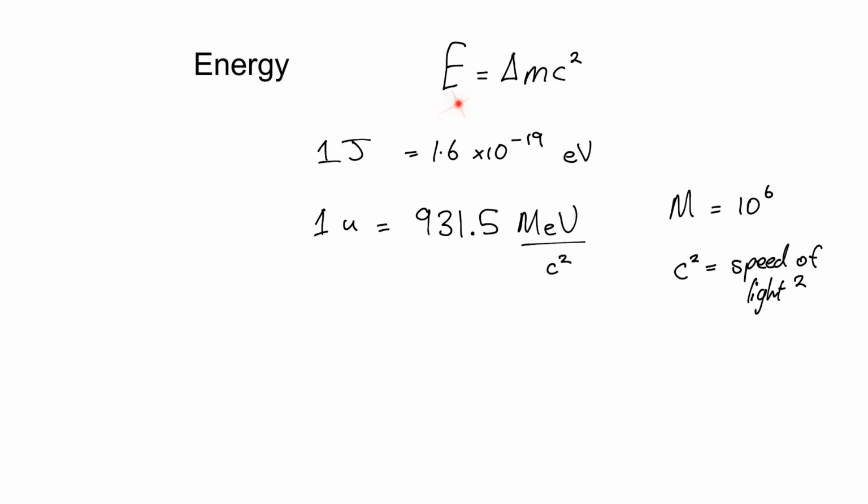So writing that all out, our energy, which is in electron volts, which we're then changing to mega electron volts, so MeV, is equal to our change in mass, so our U, which we've also found is equal to mega electron volts over c squared.